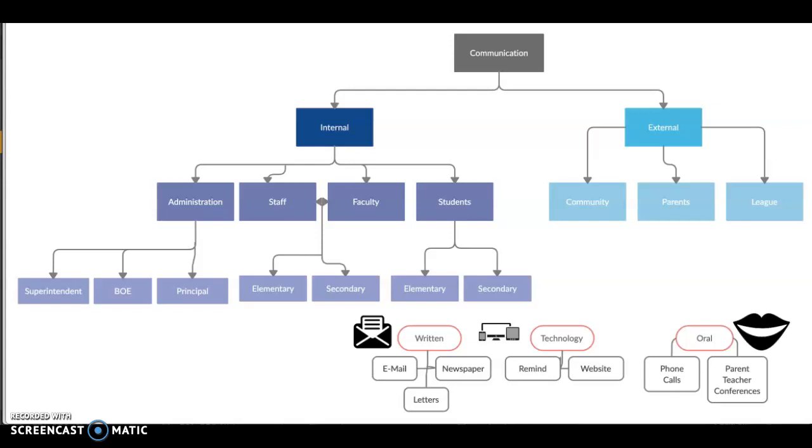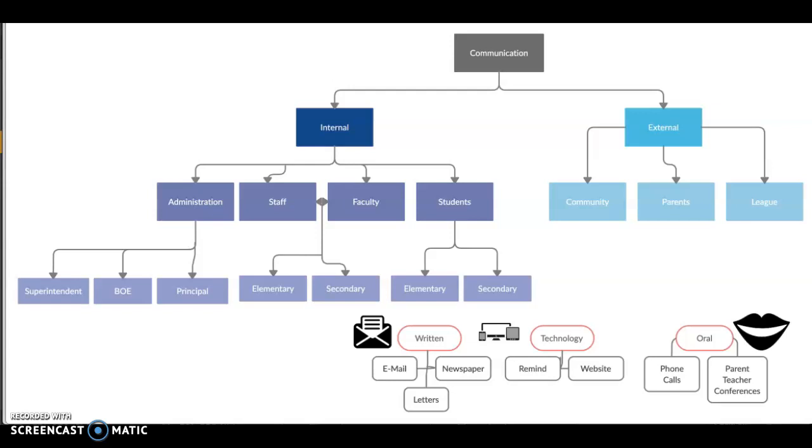So when we talk about the forms of our communication, typically we have internal and external communication. Internal communications would be things within our school, where external would be those communications that we are trying to get out of our school.